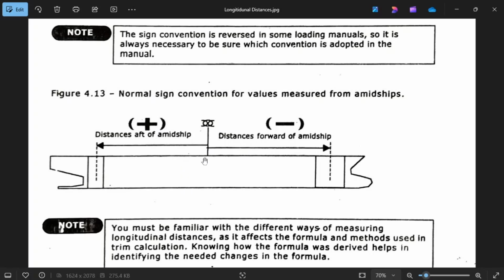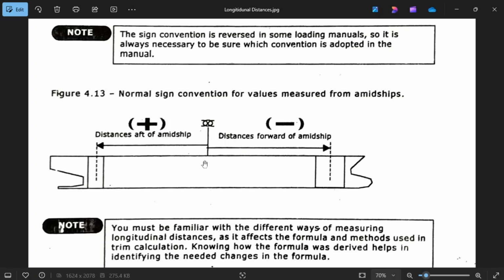This is what you call the tipping center. If this is your center of flotation, the tendency of the vessel forward is to go up, and aft the tendency is to go down, because your center of rotation is somewhere around here.